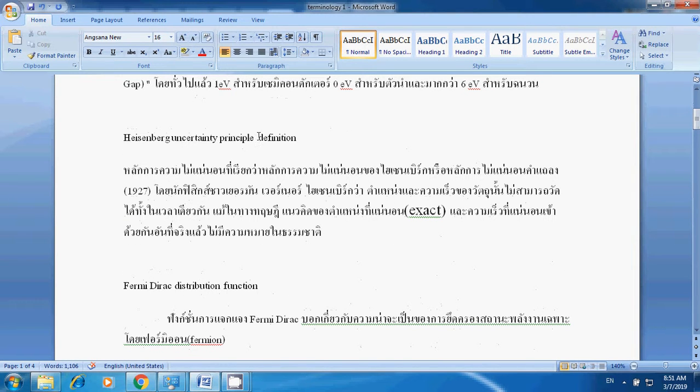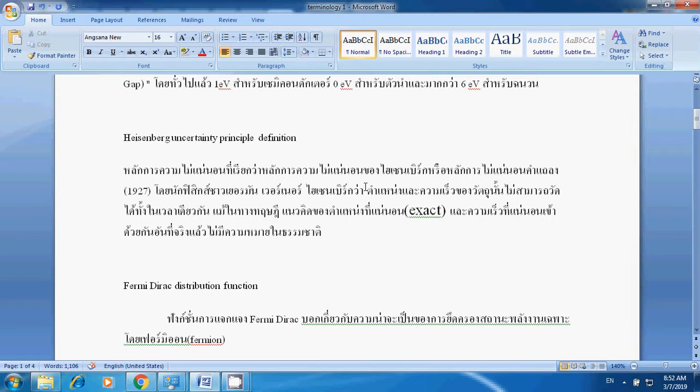The next one is the Heisenberg uncertainty principle definition. The Heisenberg uncertainty principle, or uncertainty principle, came out in 1927 by a German physicist named Werner Heisenberg.